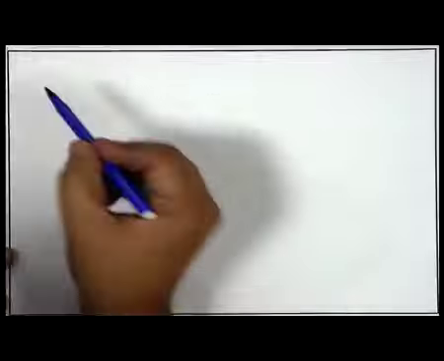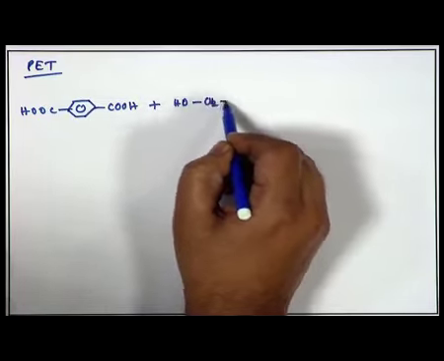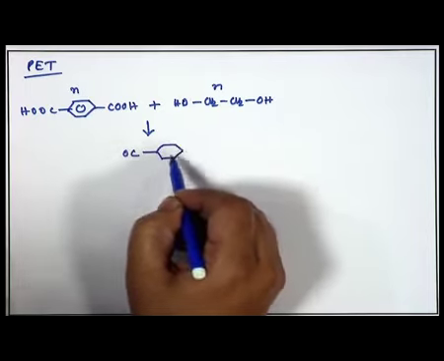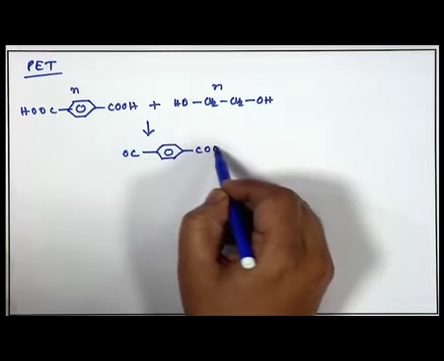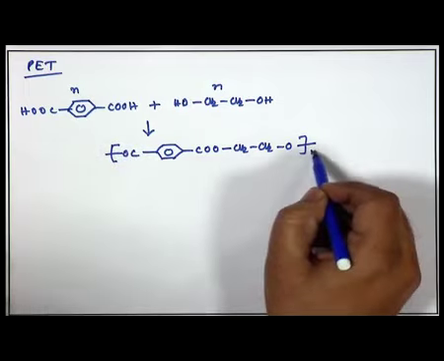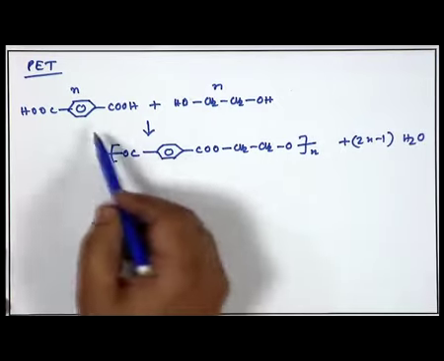So, we talked about PET, polyethylene terephthalate, where we had this terephthalic acid and if you take N of this and N of this, we will get this. Okay. So, this is polyethylene terephthalate.